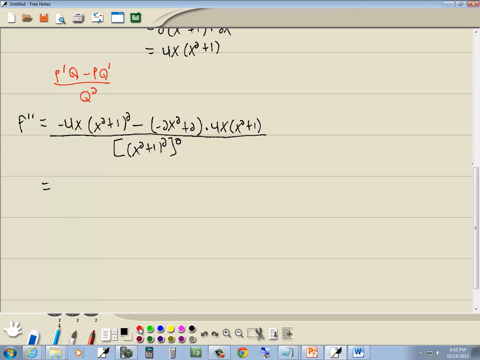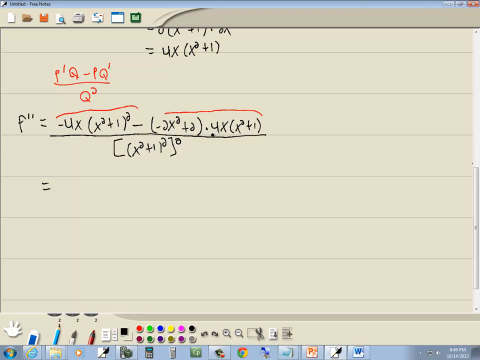Now up on top, this is considered one grouping, and this is considered one grouping. Why do I say that? Everything's multiplication. Negative 4 times x squared plus 1 squared. Over here we got this parentheses times 4 times x squared plus 1.